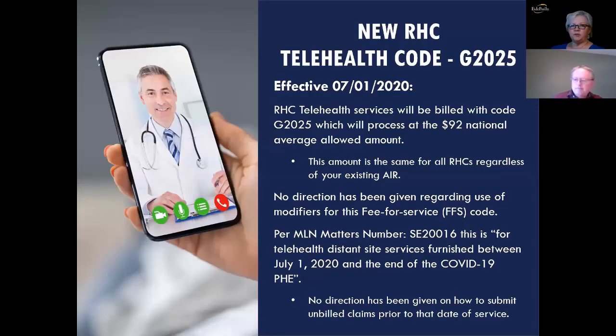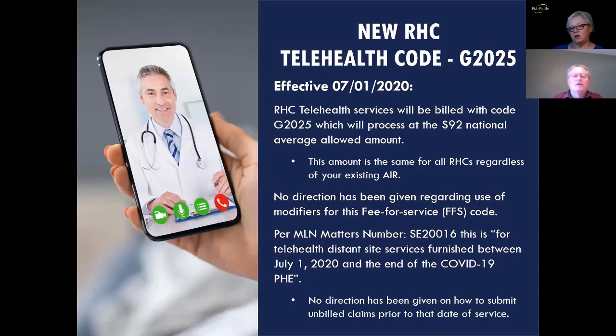So the new revenue code, effective July 1. CMS has said, we're not going to pay you the all-inclusive rate to the RHCs. We're going to pay you this $92 rate. So effective July 1, we'll be submitting claims with the G2025 on it. And every RHC is going to get paid regardless of your existing all-inclusive rate.